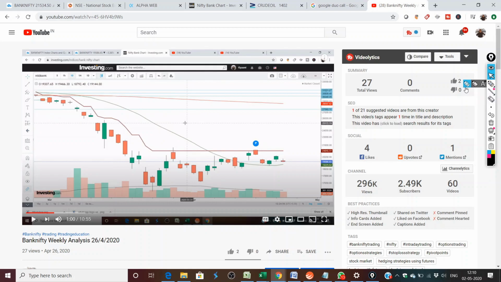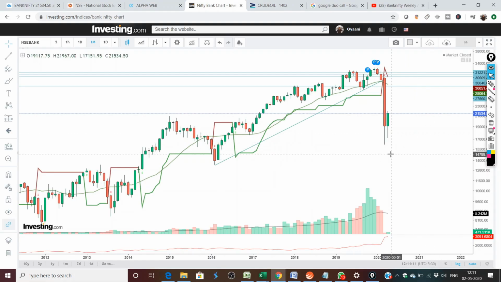This was our expectation. We expected the market to form a green candle here and start moving up. So the market has done that and moved as per our expectations. So let's get back to the chart.